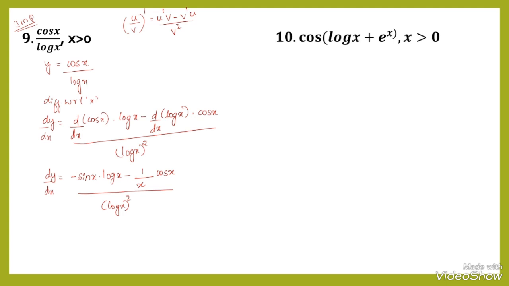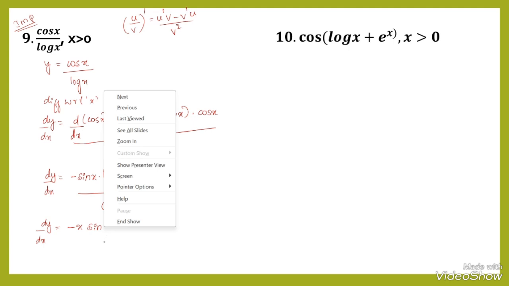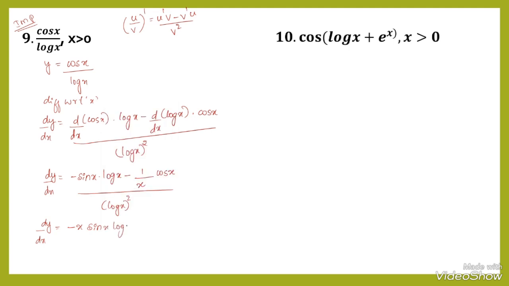You can write it up to this much, or you can continue the problem: dy by dx is equal to, I can multiply x here, that is x sin x into log x minus cos x, and take x in the denominator, using the log function, that is log of m to the power n can be written as n into log of m.